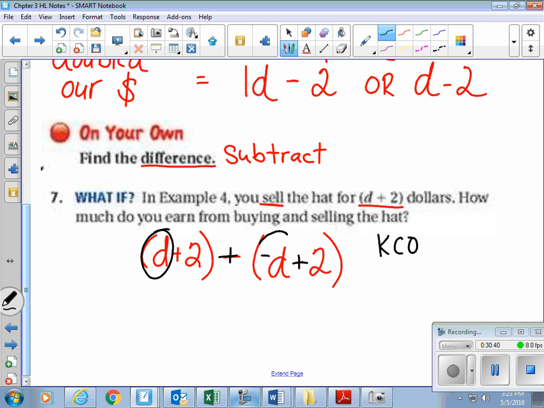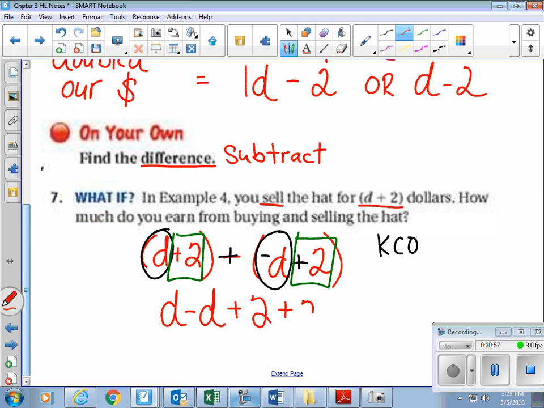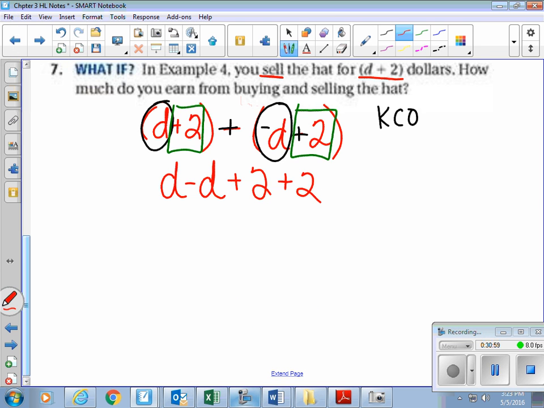D minus D, positive 2, plus 2. Rewrite it with your like terms together. D minus D, plus 2, plus 2. D minus D would just give me 0. 2 plus 2 would give me a positive 4.